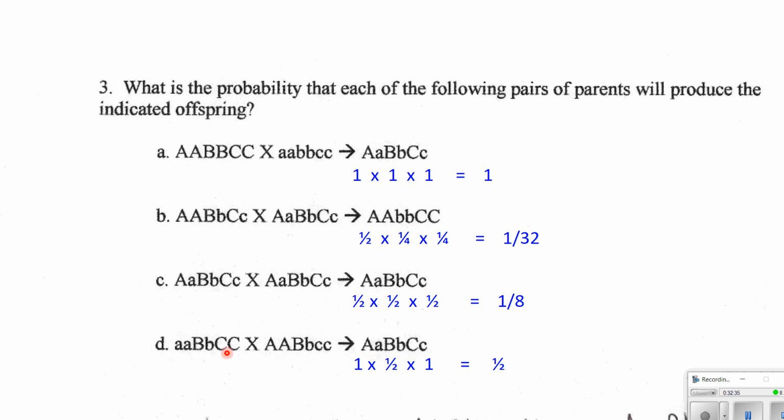Likewise for C, a probability of 1 that I'm going to get a big C, little c. So the only one we really have to calculate is B, heterozygous parent crossed with heterozygous parent. That gives me a 1 out of 2 probability of big B, little b. So 1 times 1/2 times 1, of course, that's 1/2.